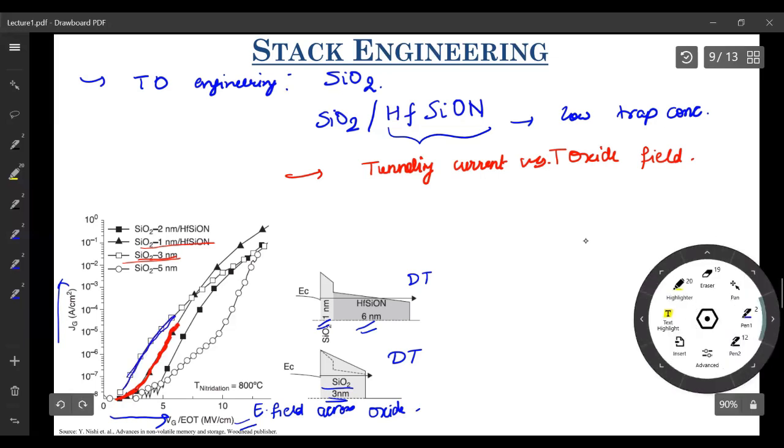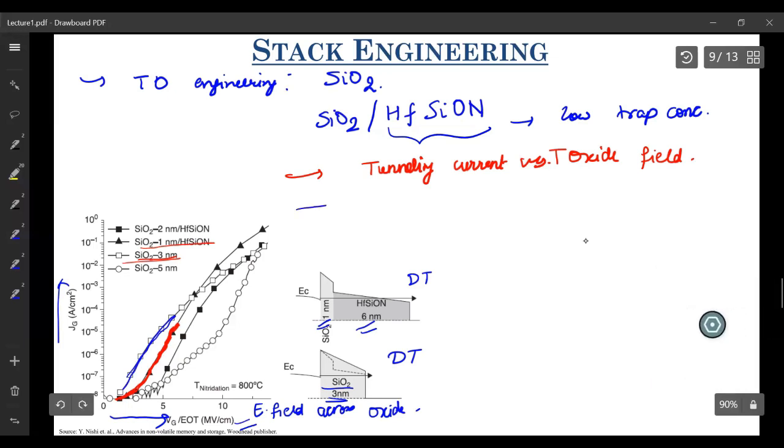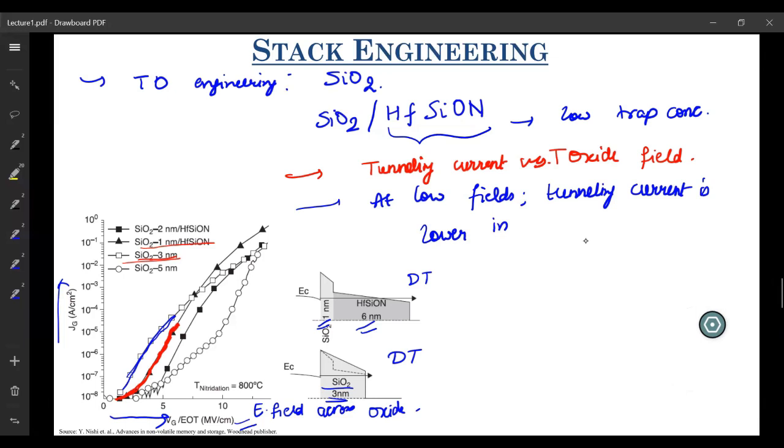So let me write that observation. At low fields, the tunneling current is lower in this engineered, what we call band gap engineered tunnel oxide.